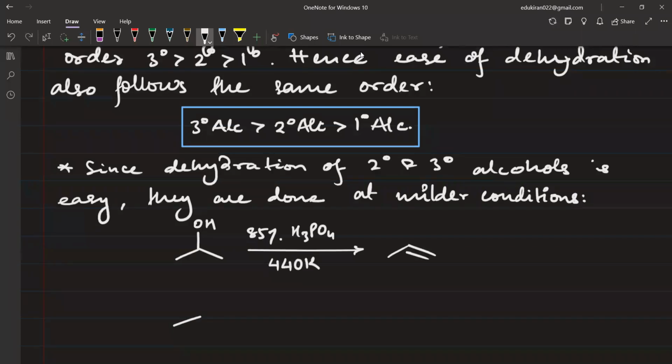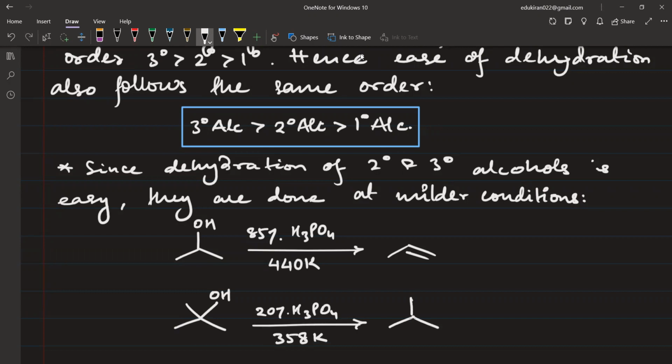Next is this 3 degree alcohol, right? Now it is much easier. So we'll be using just 20% H3PO4, and the temperature we can reduce to 358 Kelvin. And here we'll be getting alkene once again.